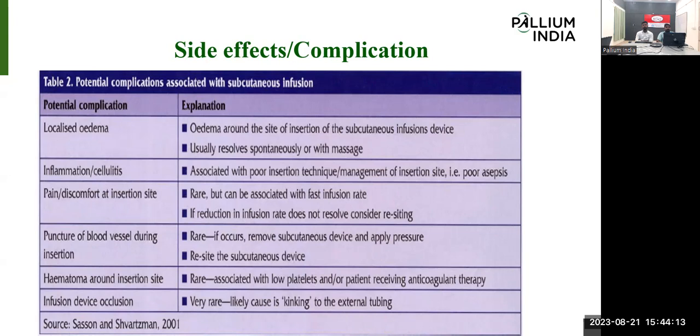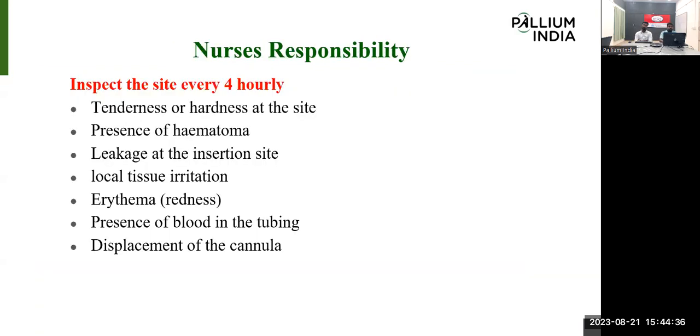So we need to check the external tubing for any kinking, because that can cause device occlusion. We need to correct it and resolve it. So these are all the side effects and complications that may happen, and we have explained their management also.